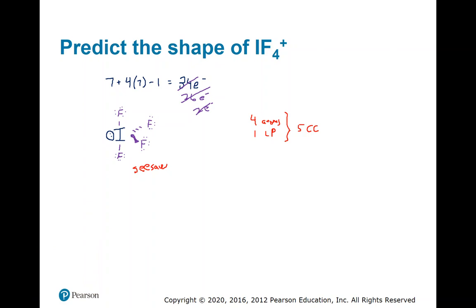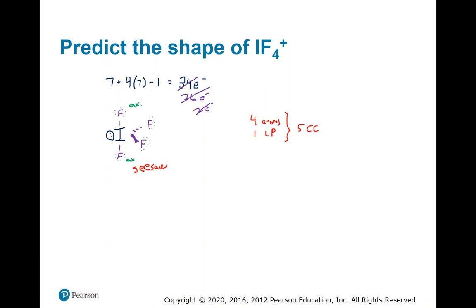So if we were asked to predict the bond angles here, this has 5 charge clouds, so remember with those you have 2 different types of bond angles based on axial and equatorial positions. So this fluorine here and this one here are axial, and the other 2 are going to be equatorial.